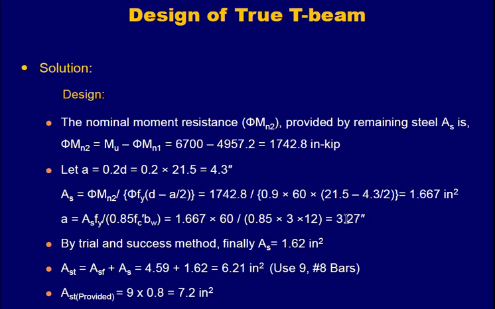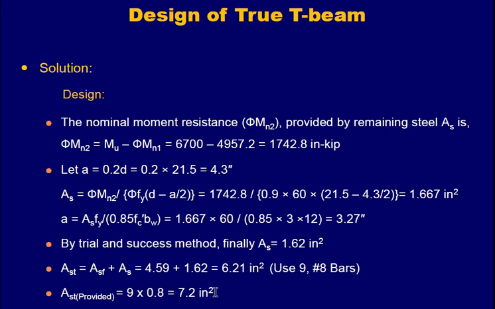The values are different, so use another trial. By the trial and error method, the final As comes out to be 1.62 square inches. Now, the total area of steel is equal to Asf plus As, which is 6.21 square inches. So use 9 number 8 bars. The total provided area will be equal to 7.2 square inches. This is the actual area of steel that you are providing.